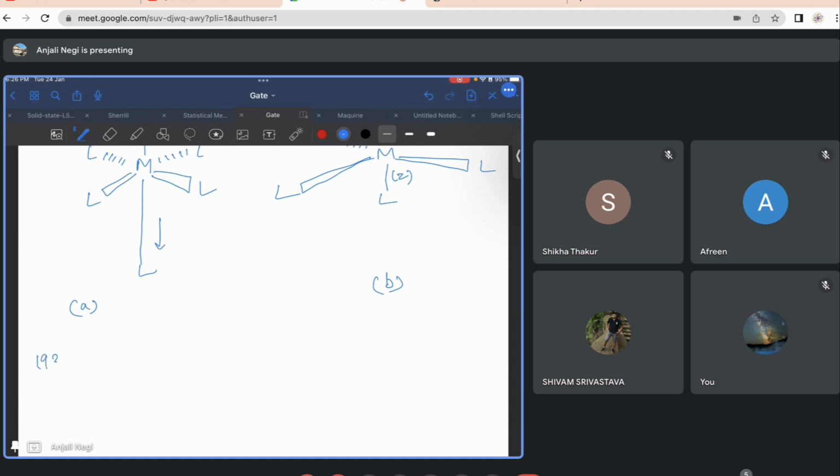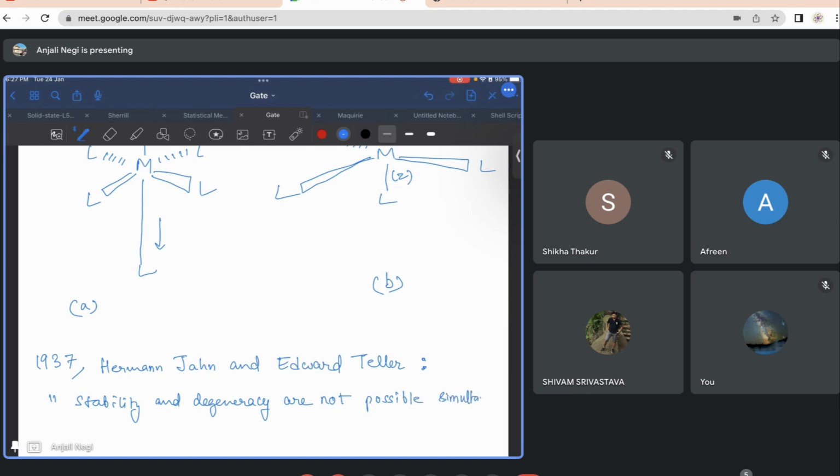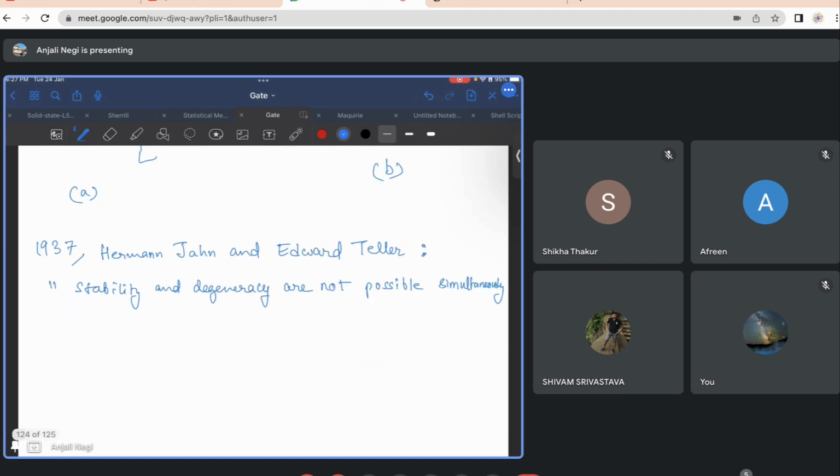I will just write it down: in 1937 Hermann Jahn and Edward Teller postulated a theorem stating that stability and degeneracy are not possible simultaneously unless the molecule is a linear one.